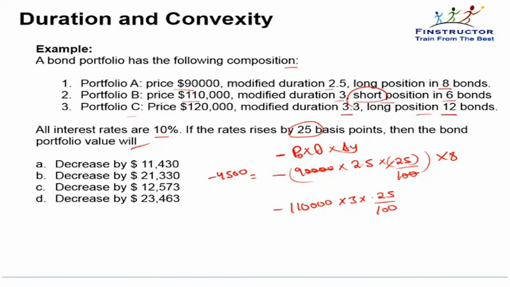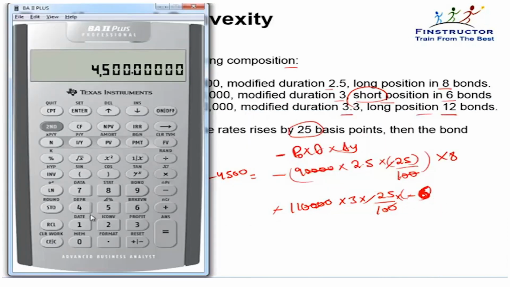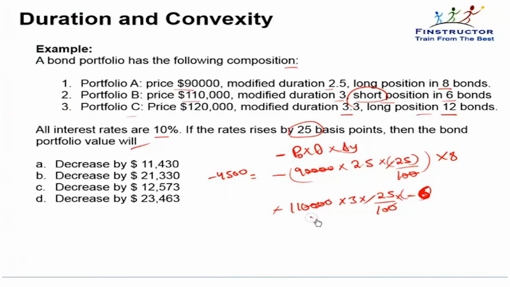If you sold something and the price falls, then you have gained, because it's the short position in 6 bonds. So if the yields rise, the price will fall, or a short position will gain. Let's calculate. 11 multiplied by 3 multiplied by 25 multiplied by 6, that is $4,950. That will be the gain in this case.